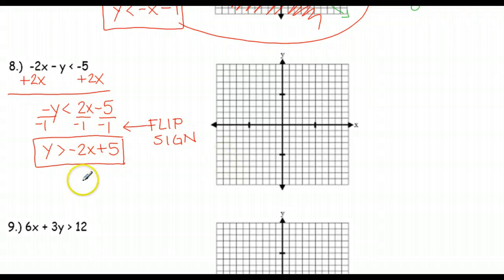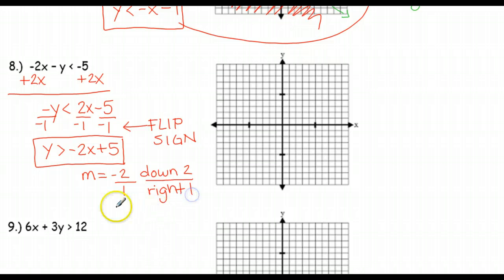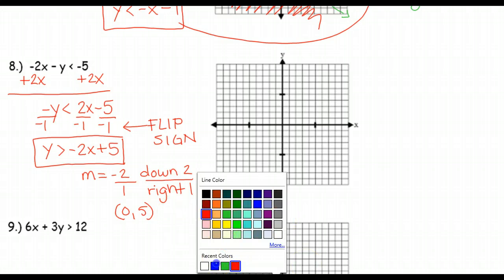Our slope is negative 2 over 1, which means down 2, right 1, and our y-intercept is 5. So our y-intercept is 0, 5. The first thing that we do when we're graphing an inequality is we always plot the y-intercept first.